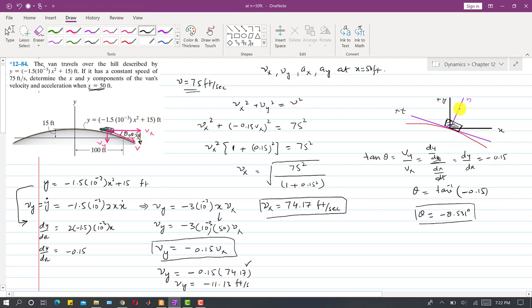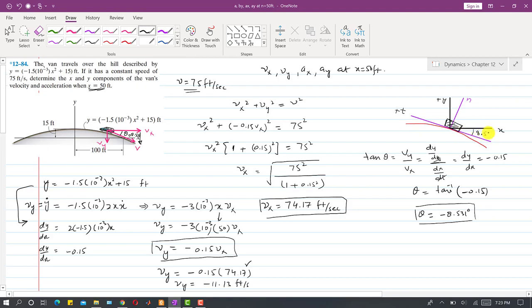So 8.531. Now if I draw this free body diagram, if we draw a tangent axis, let's say this is the tangent axis and this is the normal axis. The velocity is tangent to this y of x function, this path. So if this angle is 8.531, this tangent line to this path is making an 8.531 degree angle.